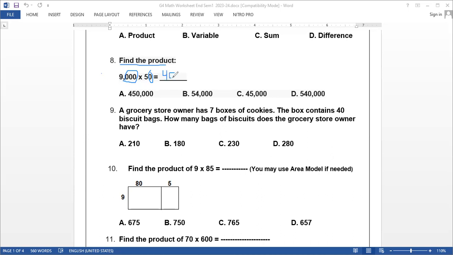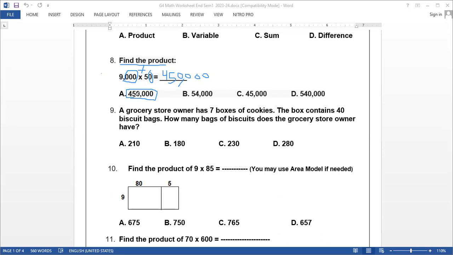Now we count how many zeros we have here. We add the zeros. We have 3 zeros here and 1 zero here. So we have 4 zeros. So the answer is 450,000.